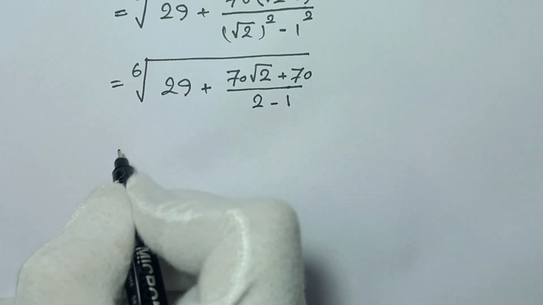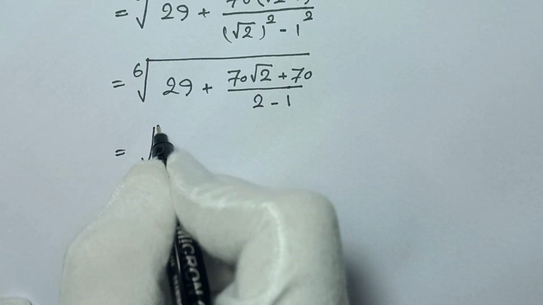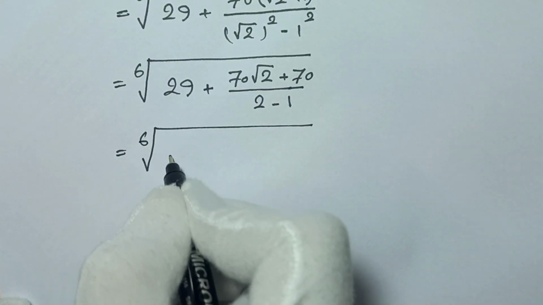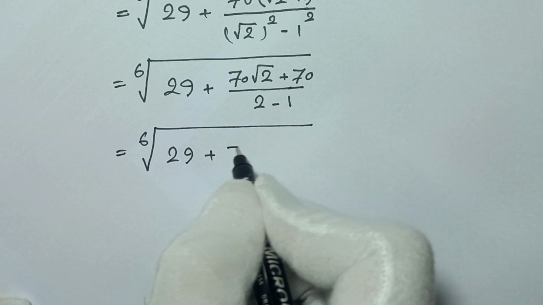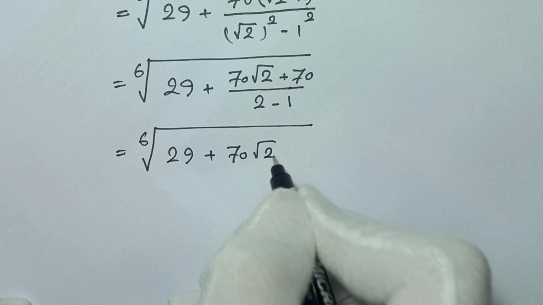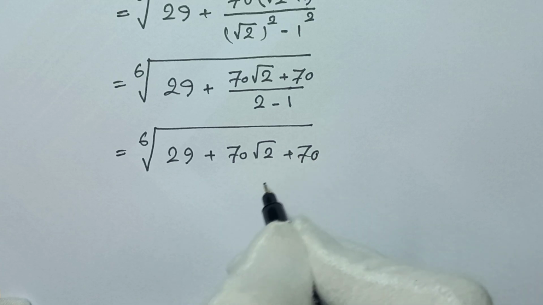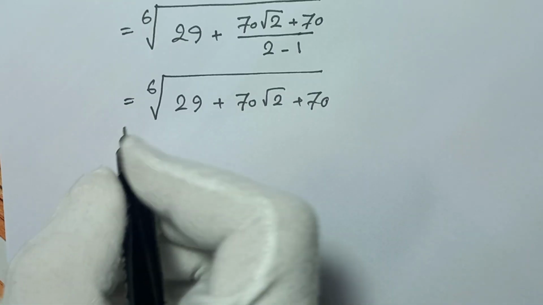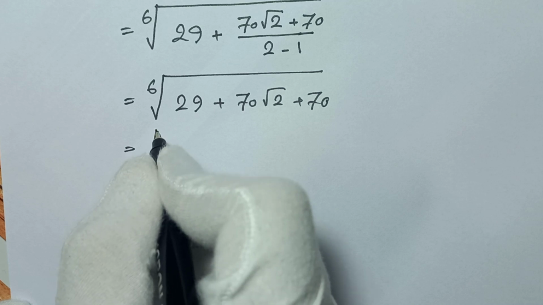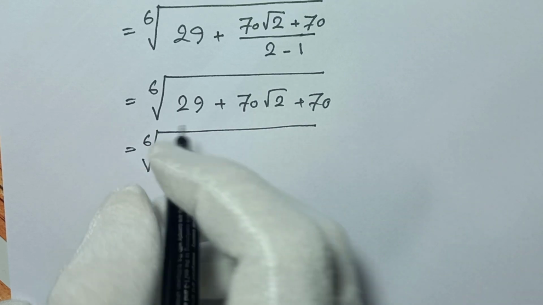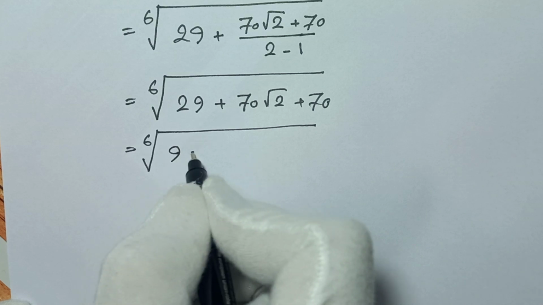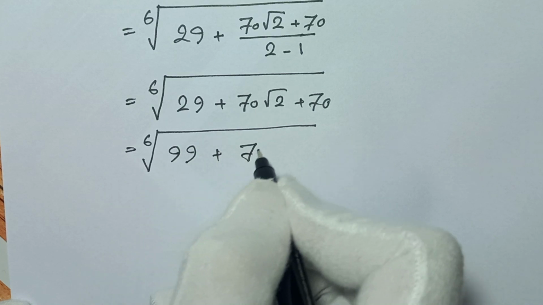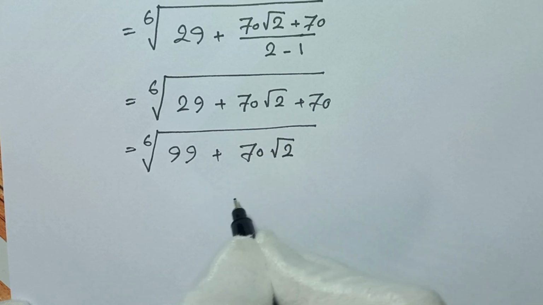And it will be 6th root of 29 plus, in here 2 minus 1 is 1, so it will be 7 square root of 2 plus 7. And in the next step, it will be 6th root of 29 plus 7, it will be 36, and plus 7 square root of 2, right?